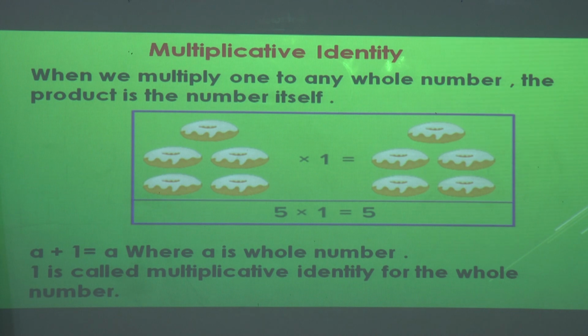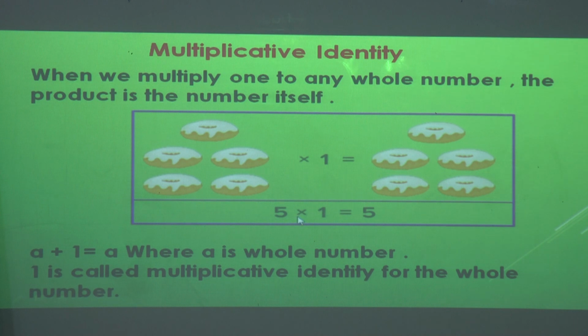Next, multiplicative identity. When we multiply 1 to any whole number, the product is the number itself. Now we have 5 donuts here and 5 donuts multiplied by 1, we get the 5. So A times 1 is A, where A is again a whole number.